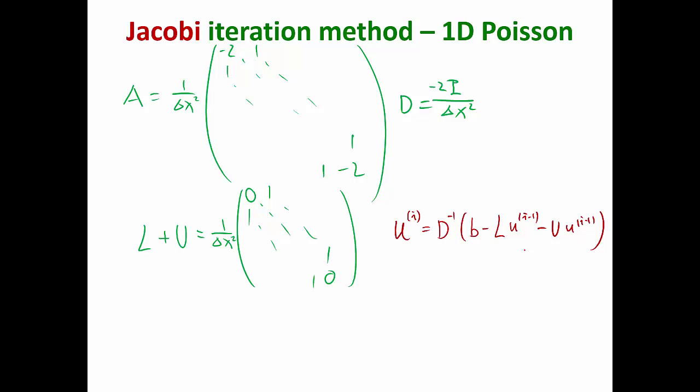Okay, now I'm going to expand this into index format. So what is this L plus U times U at i minus 1 at a particular index k? Basically, if I take the kth row of this matrix times a vector, what is it?